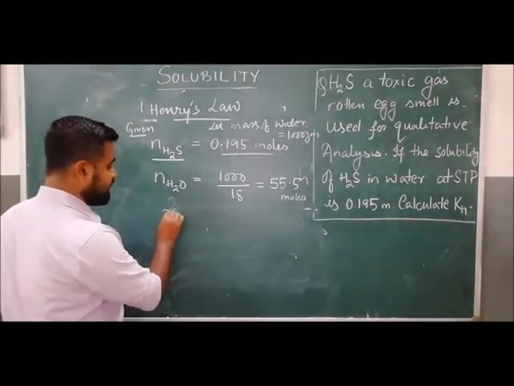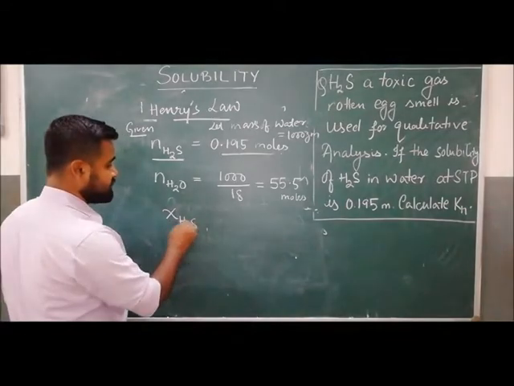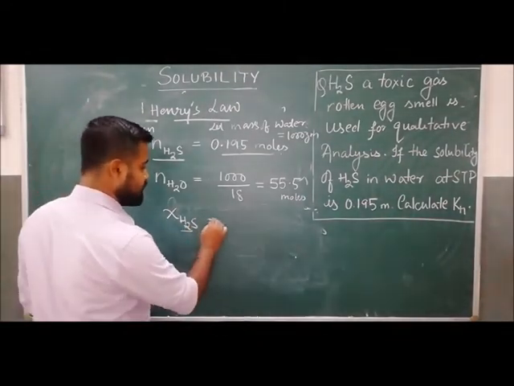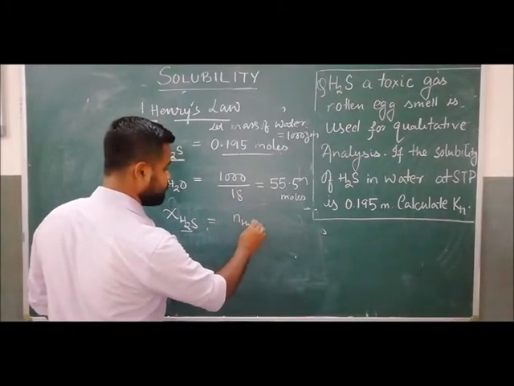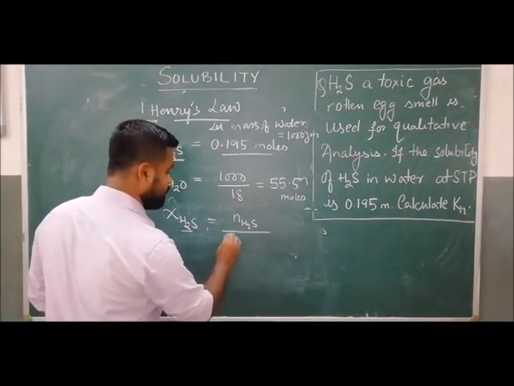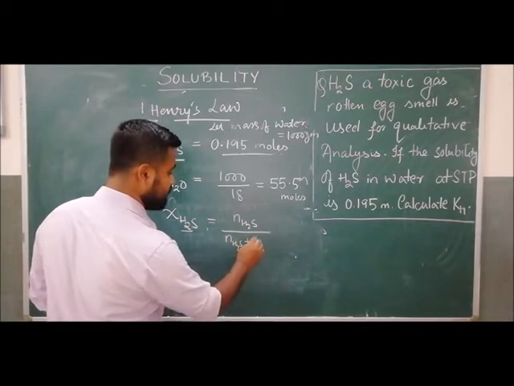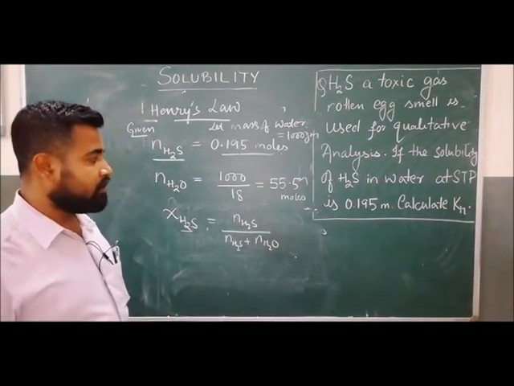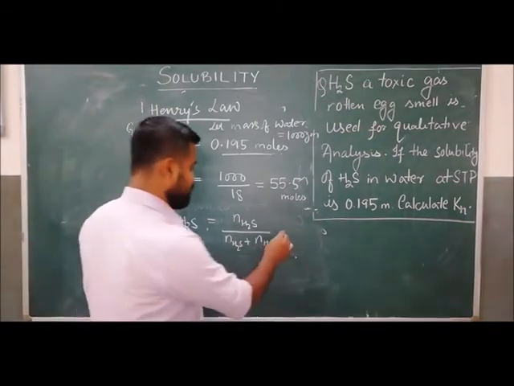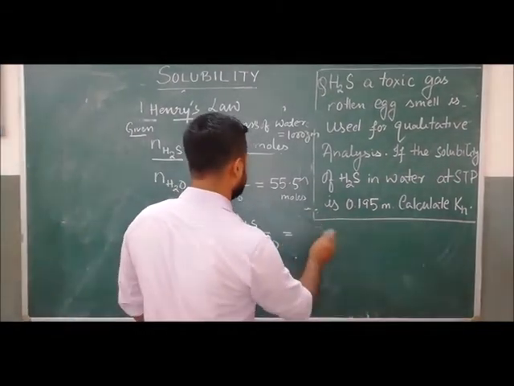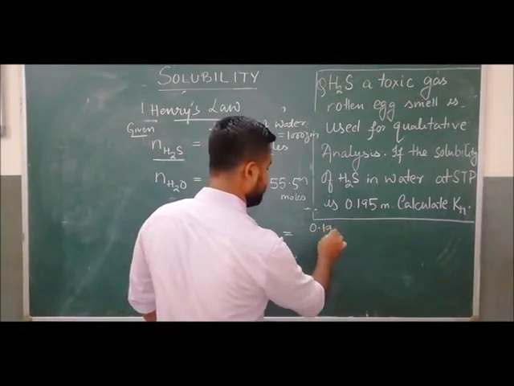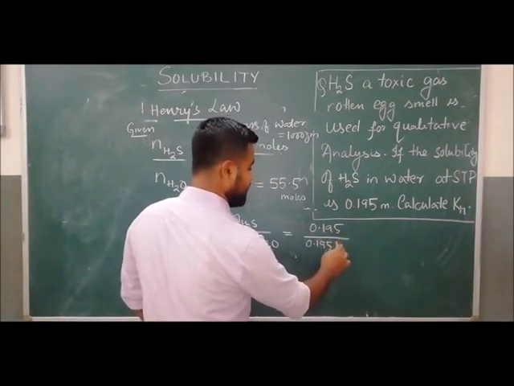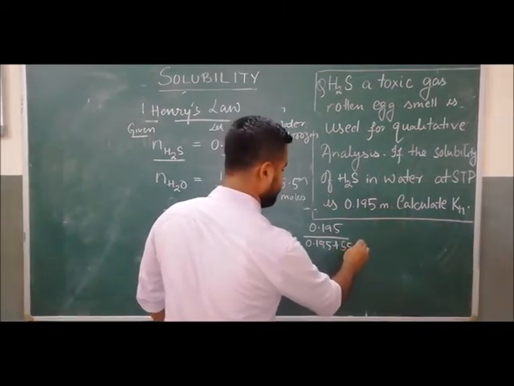Next we have to find out the mole fraction of H2S. Mole fraction of H2S is the number of moles of H2S divided by the number of moles of H2S plus the number of moles of H2O. The number of moles of H2S is 0.195, divided by 0.195 plus 55.5.